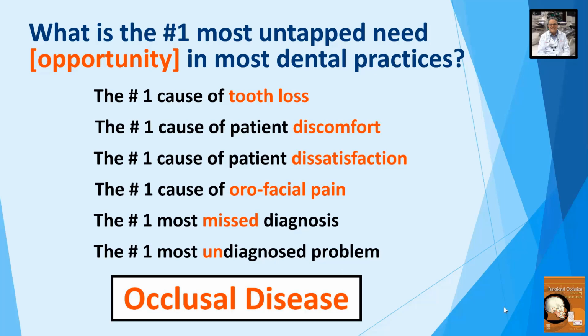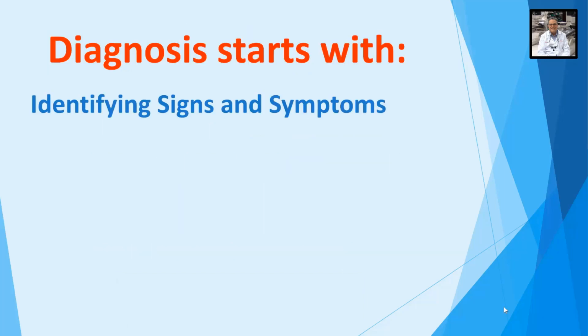Look at what types of destruction could be occurring within our patient population and to the extent of the disease and the destruction that occurs. Diagnosis starts with identifying signs and symptoms.